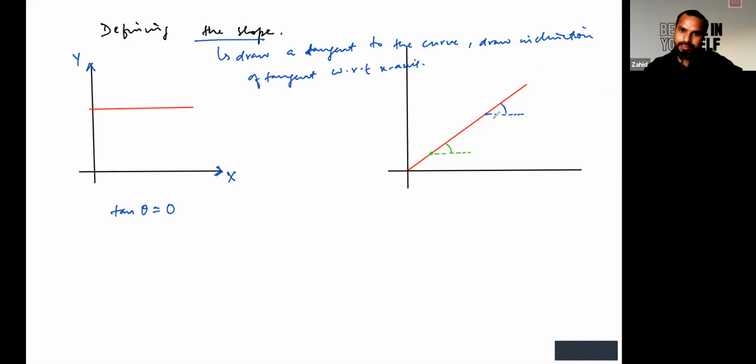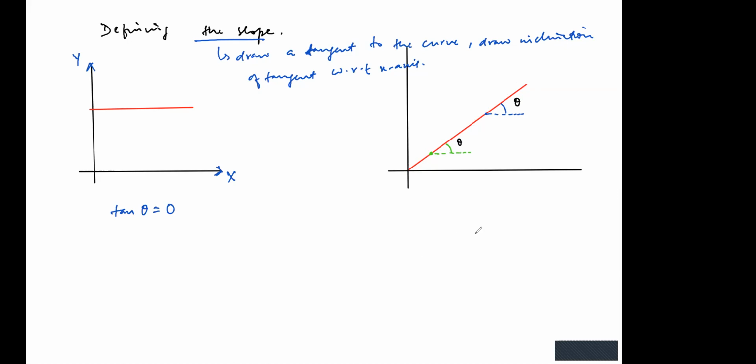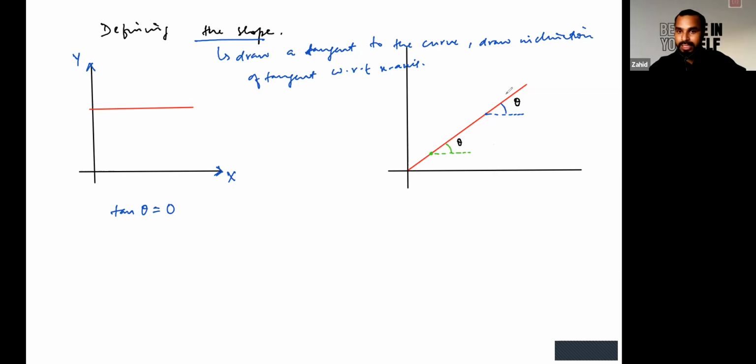Since this line and this line would be parallel and this line would be a transversal, this angle and this angle would be equal or not? Yes, sir, they're equal. Good. So for a straight line, the slope is always constant. Okay. So we can conclude from this, for a straight line, slope is always constant.